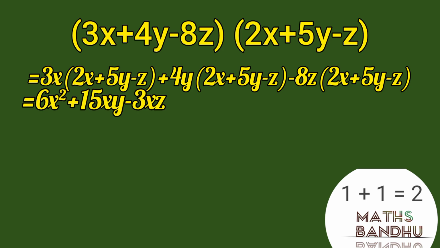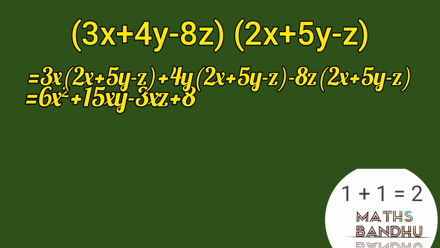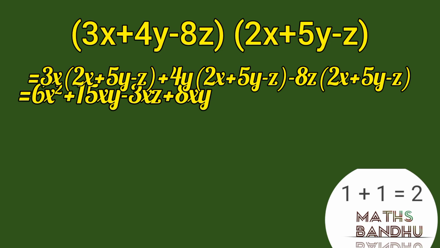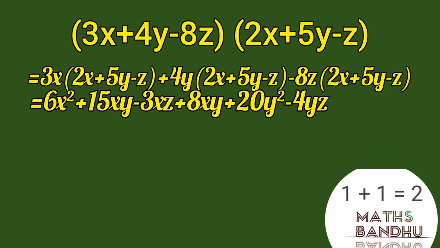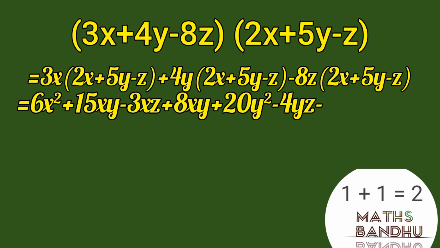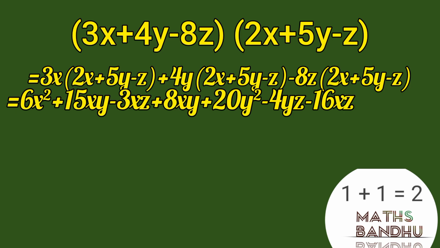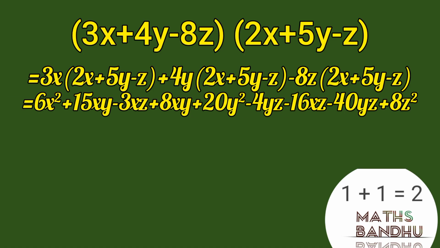Now 4 2s are 8, so plus 8xy, plus 20y square, minus 4yz. Plus and a minus is minus, 8 2s are 16xz. Minus, 5 8s are 40yz. Minus and a minus is plus 8z square.